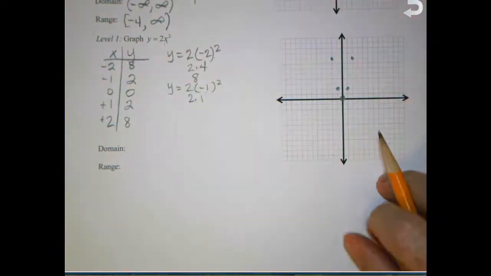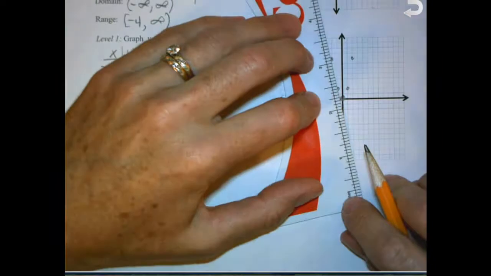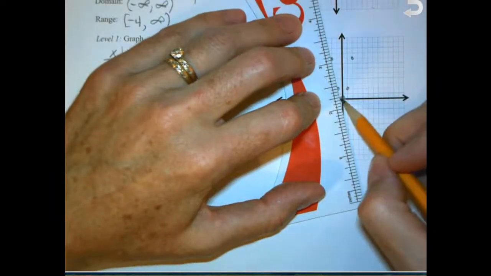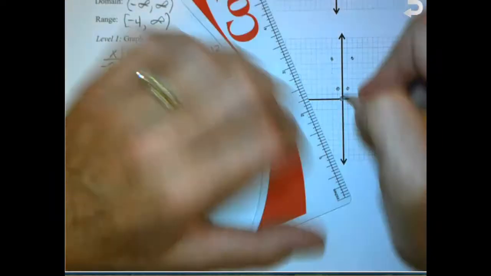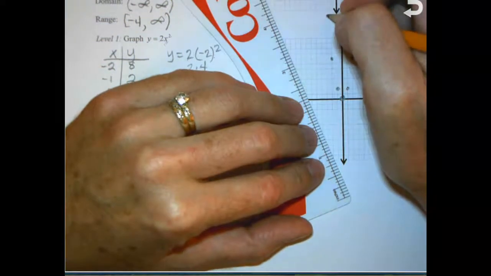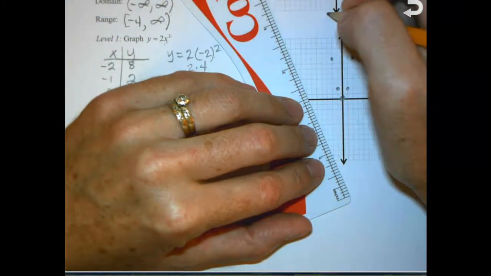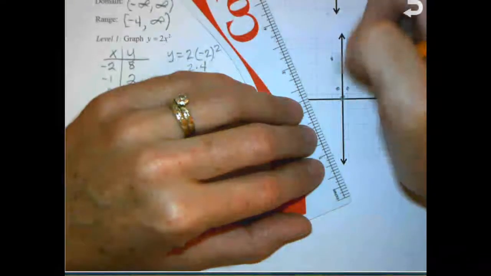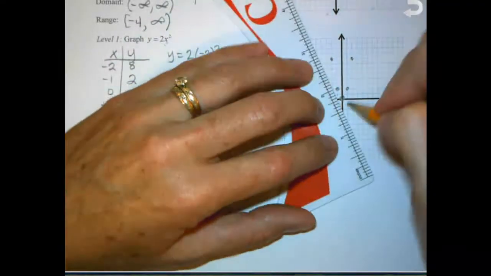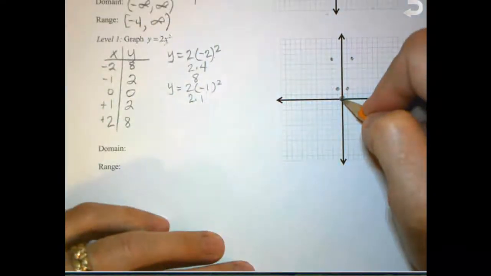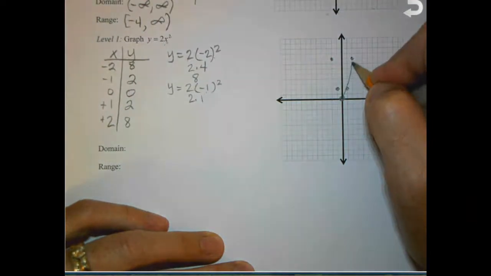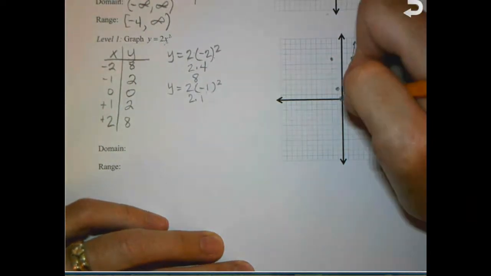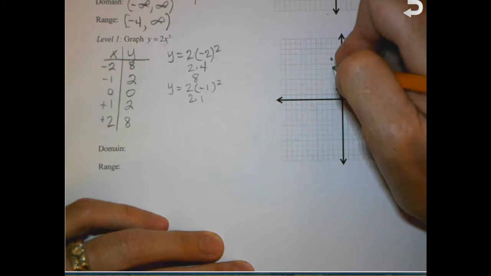Now again, it almost looks like it could make a straight line, but if I do my next point, it is way up here, 18, so I can't just do a straight line and have it go all the way up there. So I do have to make a curved line, very steep on this graph.